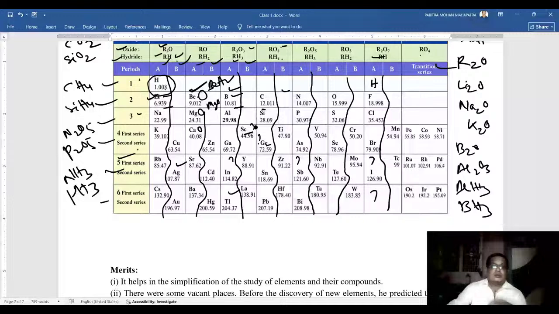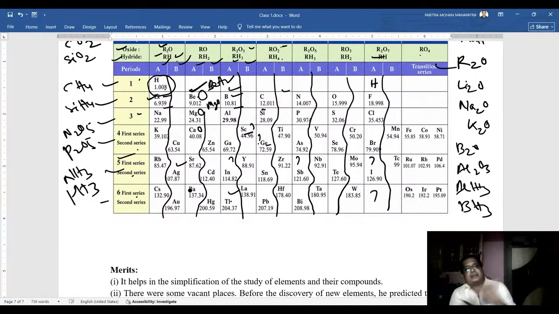What was our target? Our target was placing elements which have similar properties together. Thallium is present in the sixth period, and silver is present in the fifth period, first group. These are different. They are not placed in a particular period or particular group.